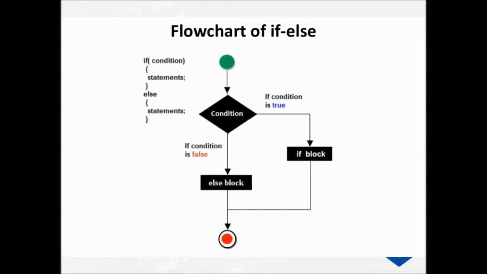If the condition is true, then the statements written under the if block are going to be executed. On the other hand, if the condition is false, then the statements written under the if block are going to be ignored, and the statements written under the else block are going to be executed.